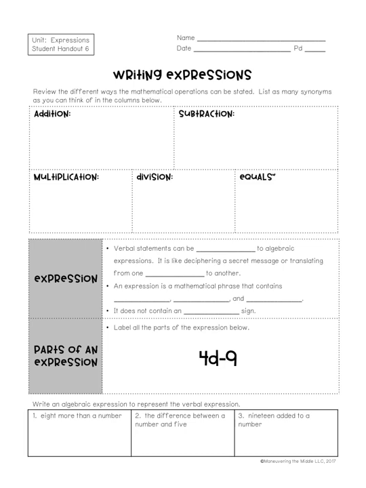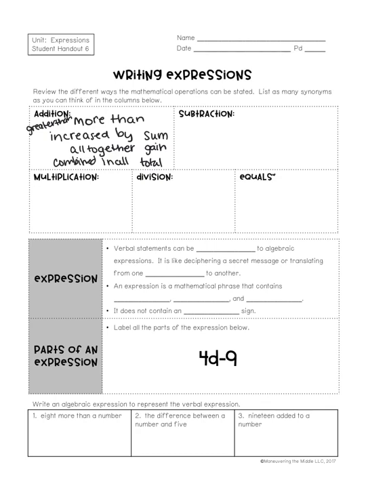For addition, we think of more than, increased by, altogether, sum, gain, total, in all, greater than, combined. These are all words you could use when you're writing an equation for addition.